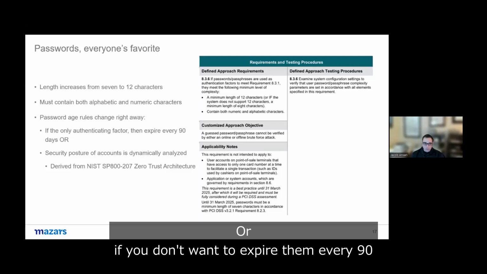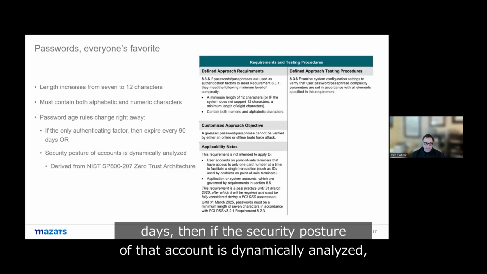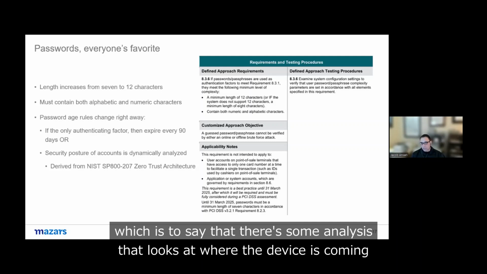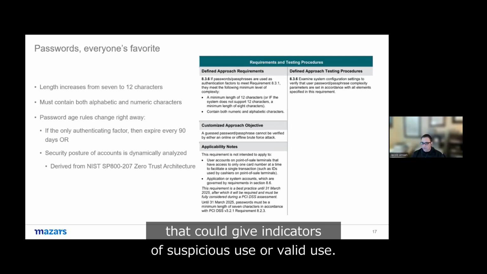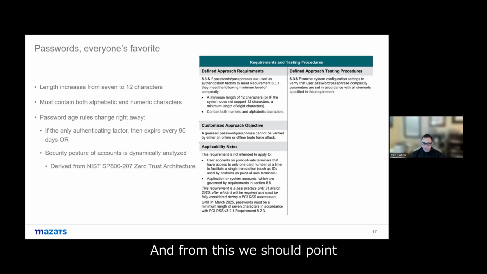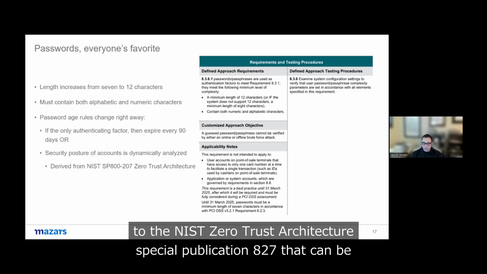If you don't want to expire them every 90 days, then the security posture of that account is dynamically analyzed, which is to say there's some analysis that looks at where the device is coming from, or the time of authentication, or other criteria about the usage that could give indicators of suspicious use or valid use. And from this, we should point to the NIST Zero Trust Architecture Special Publication 800-207.